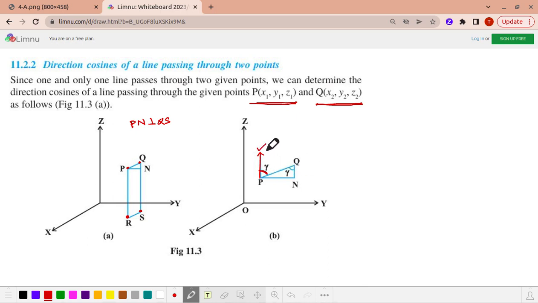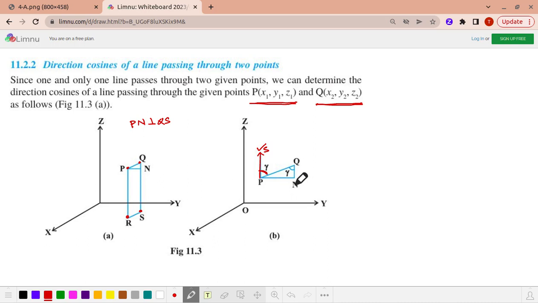Now let's give a name to this line, suppose PS. That PS is parallel to OZ. So as PQ makes an angle gamma with OZ, definitely PQ makes an angle gamma with PS also. Now PS and QN are parallel to each other, correct?